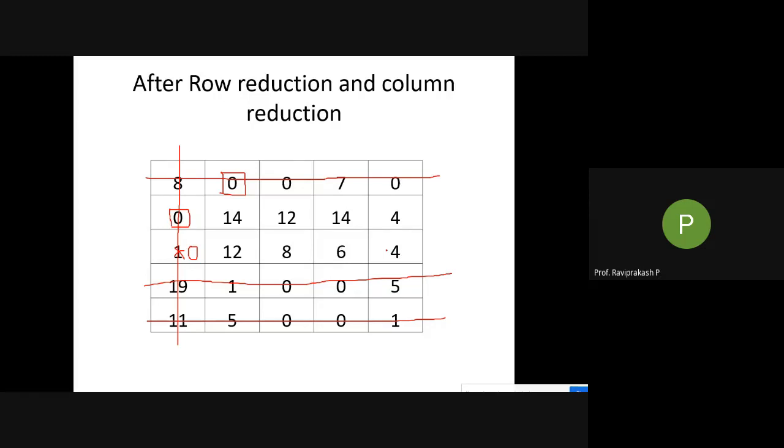Now what we need to do is go with our normal procedure. We need to first mark all the non-cancelled numbers. Okay, I am circling those non-cancelled numbers. These are circles.